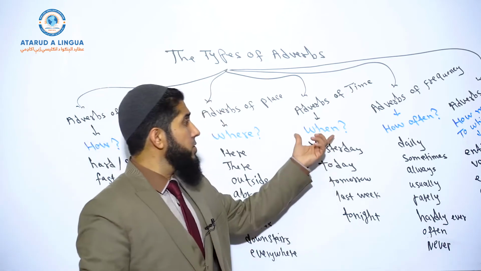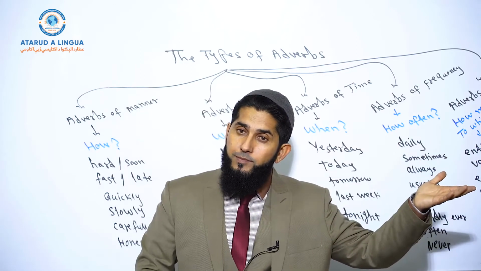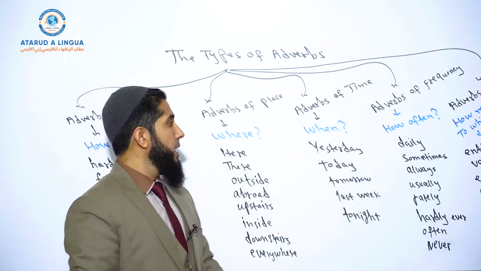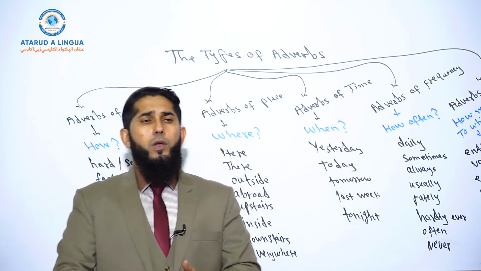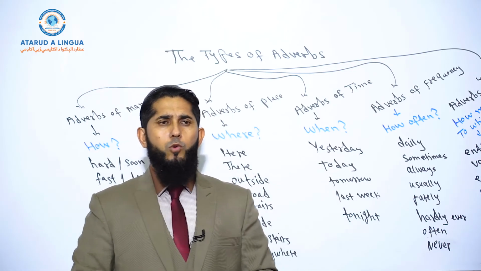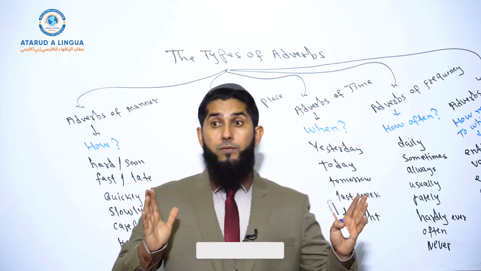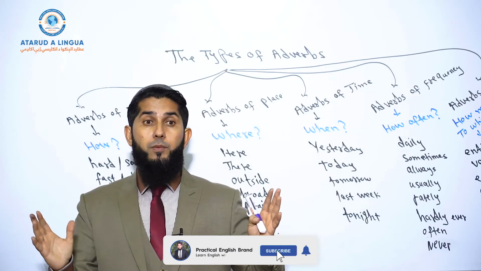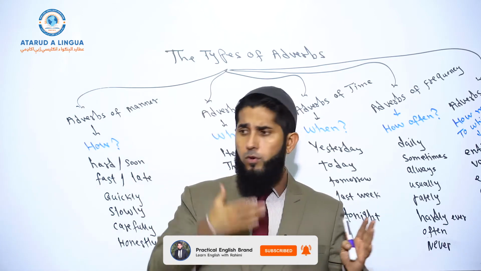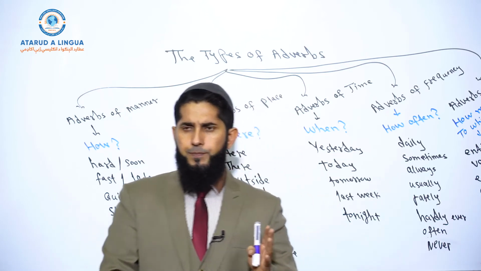Okay, and they answer the question when. For example, I'm asking you, when did you come to the classroom? We came to the classroom. Now look, if you say at 1 o'clock, at 2 p.m., again, that becomes an adverbial, a prepositional phrase. Understood?